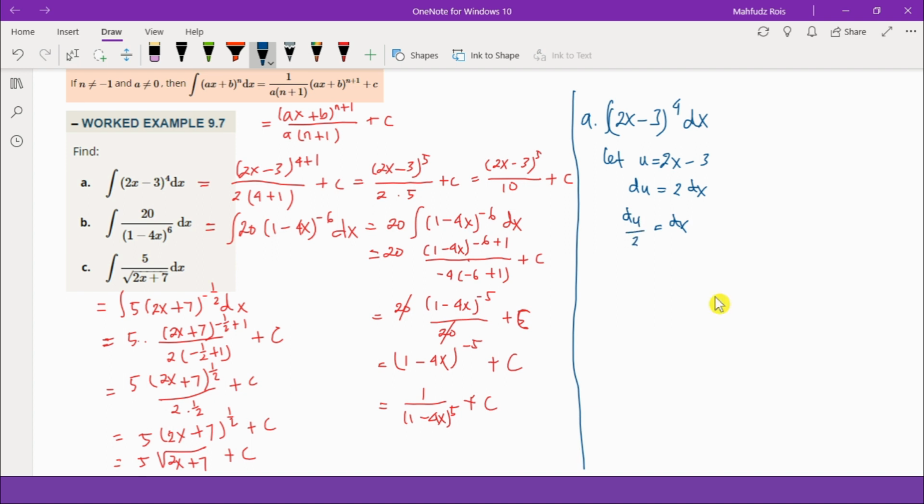So see here, this one is u and this is du over 2.